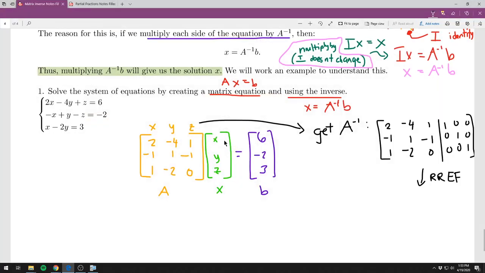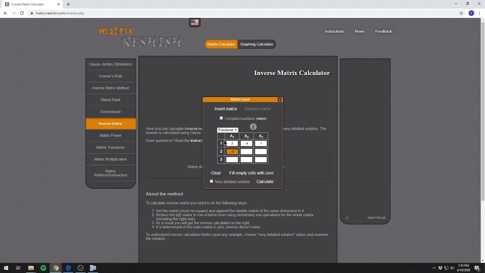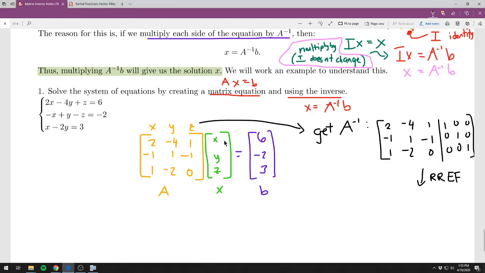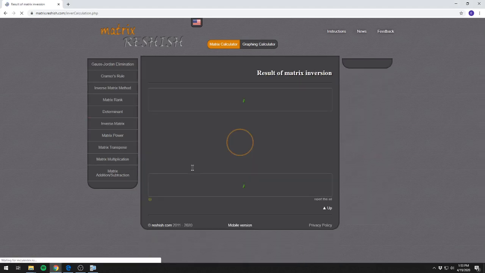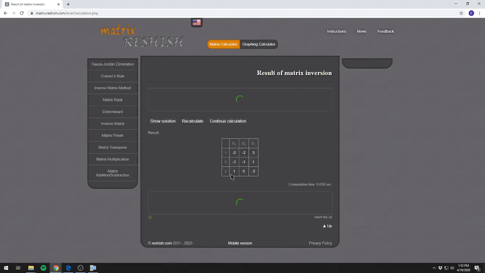Then -1, 1, -1. And the last row is 1, -2, 0. And we calculate it. And we get our inverse right here.